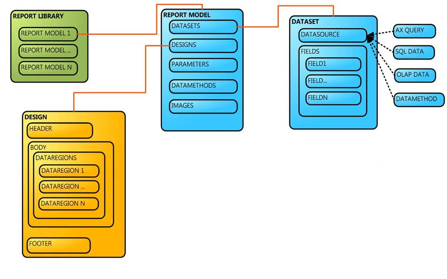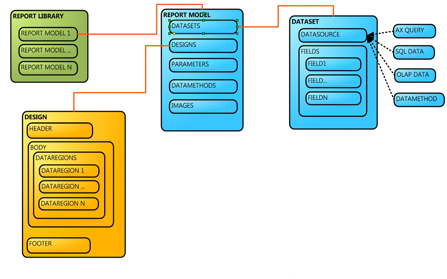Now, another important thing I want to mention is that this report model contains these collections, so these things are all shared among the elements of the report model. What that means is, if I define a data set of customers here, all the designs can get data from there. They're shared.